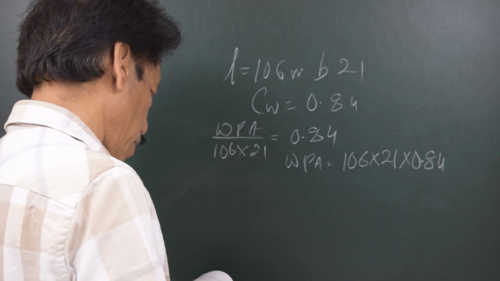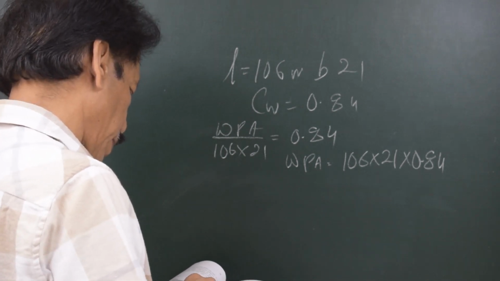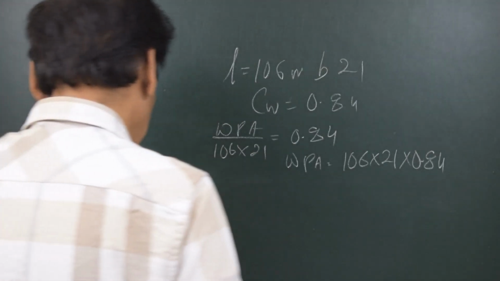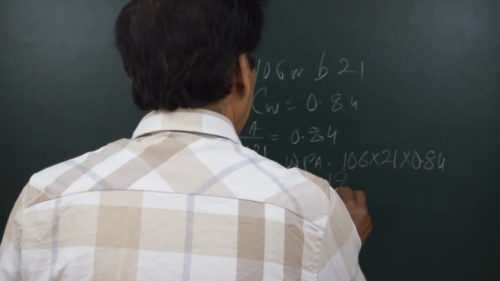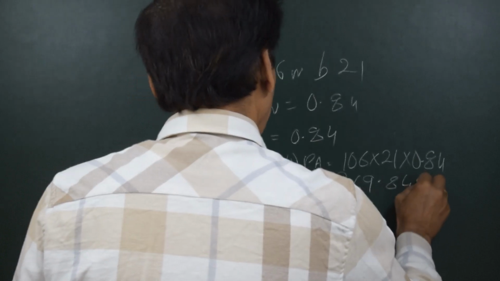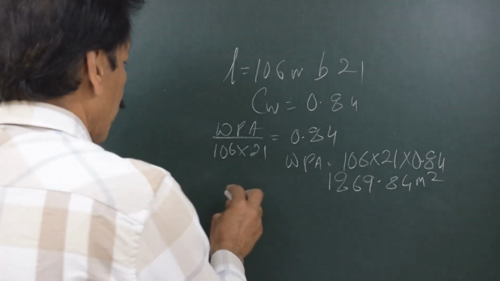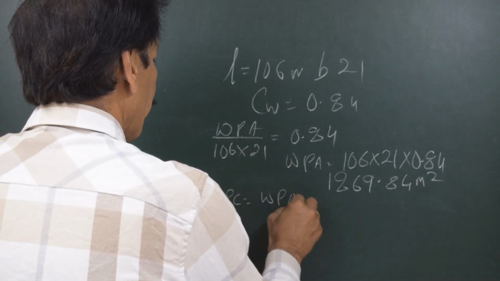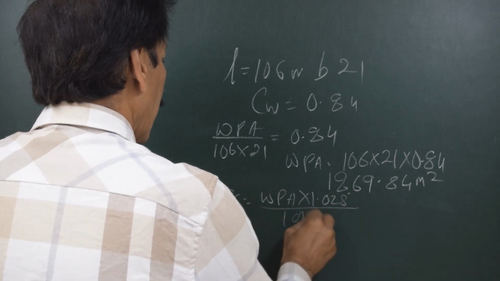106 into 21 into 0.84 gives me 1869.84 meters square. Now we can also find out the TPC from this. TPC is nothing but water plane area into 1.025 divided by 100.